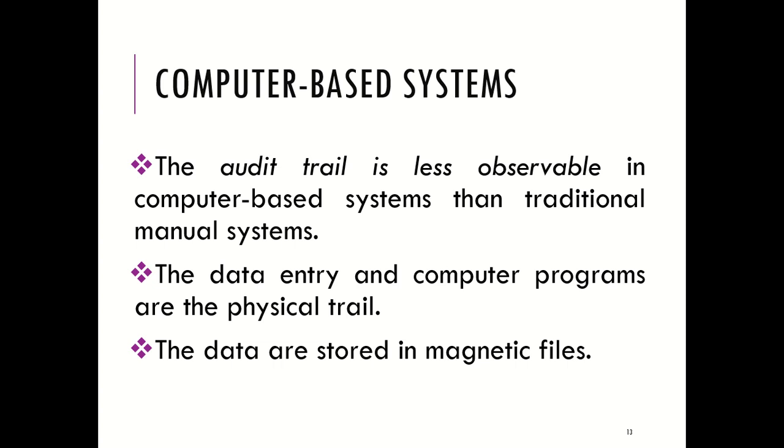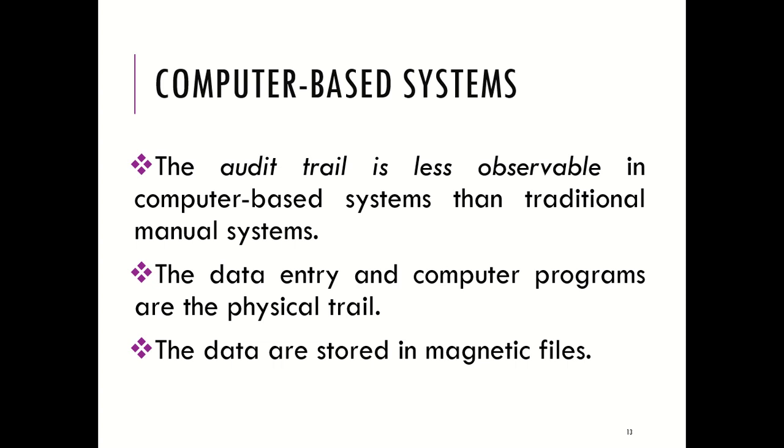The audit trail is less observable in a computer-based system than in a traditional system. I mentioned earlier that both manual and computerized will have an audit trail, but it is less observable because it is innate already in the system. The data entry and computer programs are the physical trail.